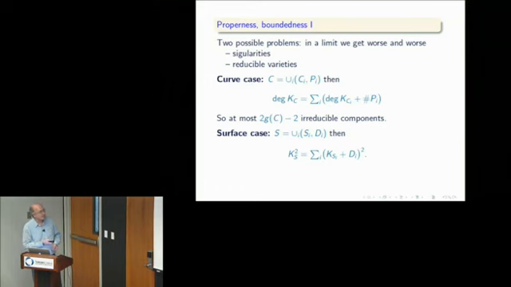So if I restrict the canonical class to an irreducible component, I get the canonical class of S_i plus this curve D_i. And again, I have this formula. Now everything looks nice, but what's the problem?